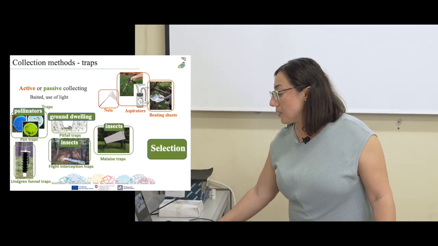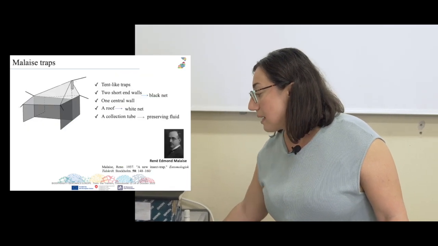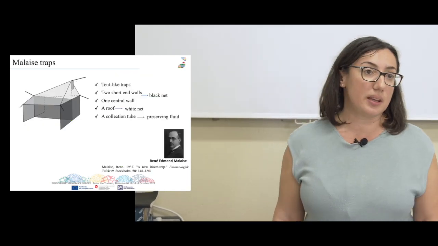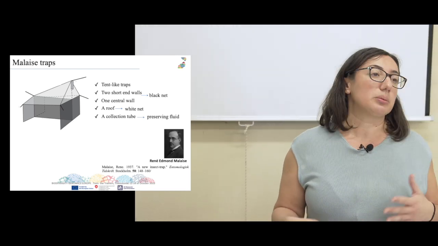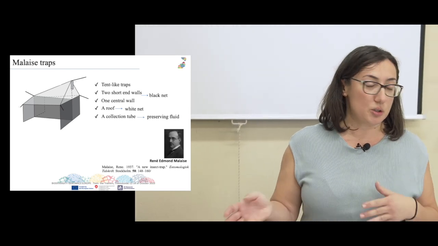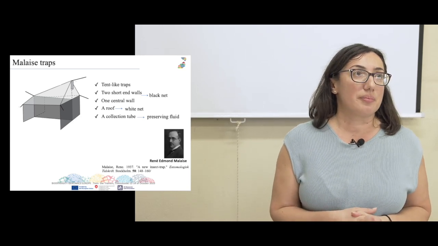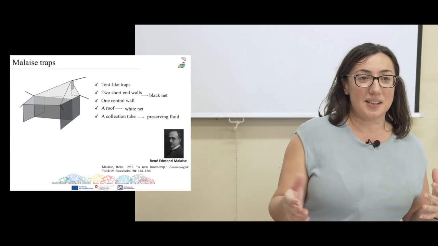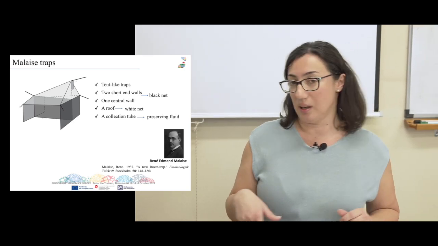You can see here different kinds of traps: pan traps, pitfall traps, Malaise traps. When you select the gear that you're going to work with, you are making a bias, you are selecting the group of taxa that you're going to collect.